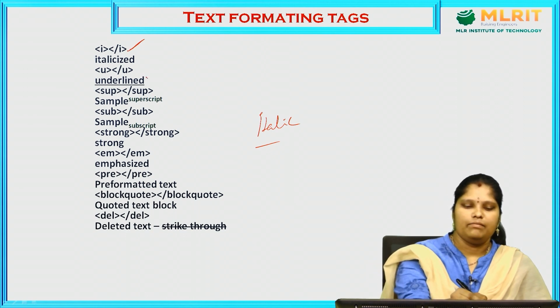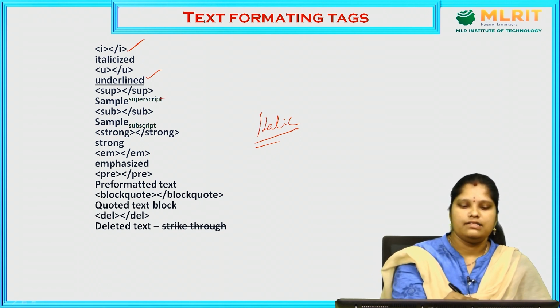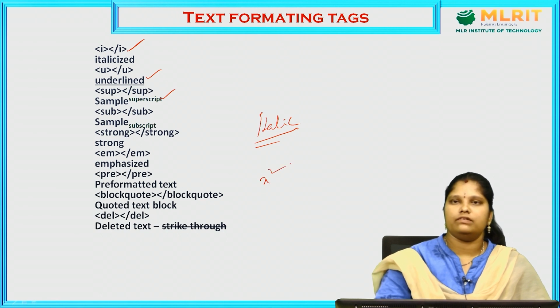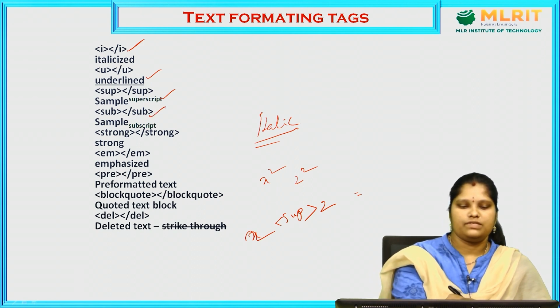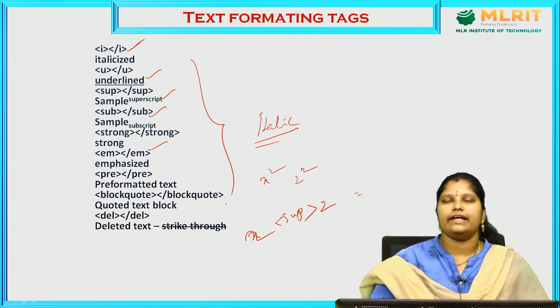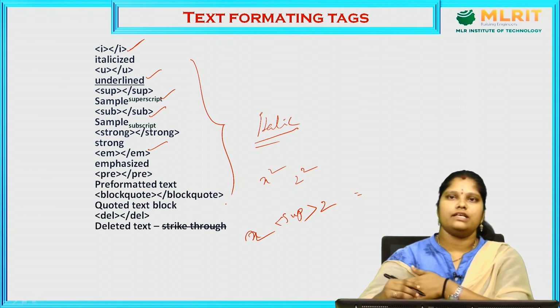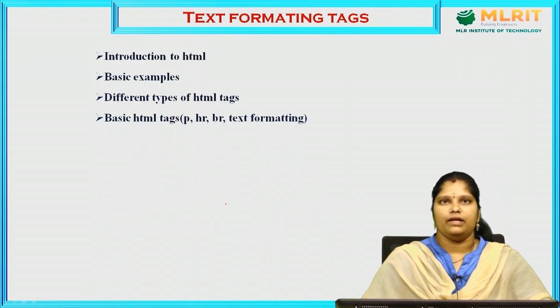For underline, we need to use U, and for superscript, x square, 2 square, we need to use the SUP keyword, x2 SUP 2, then 2 square is displayed, right. Subscript, and strong, these all are the basic text formatting tags we have to use in HTML, right. These all are the basic tags we are using in HTML.